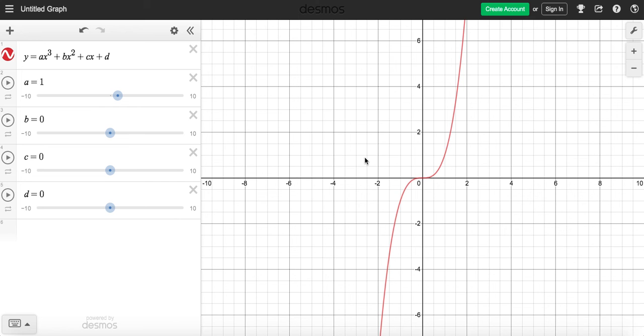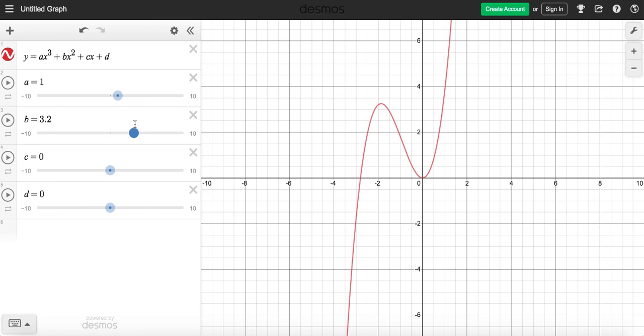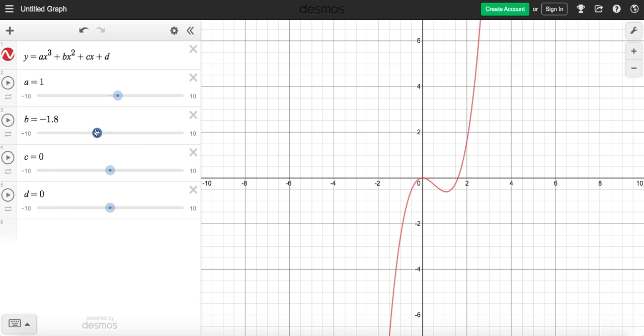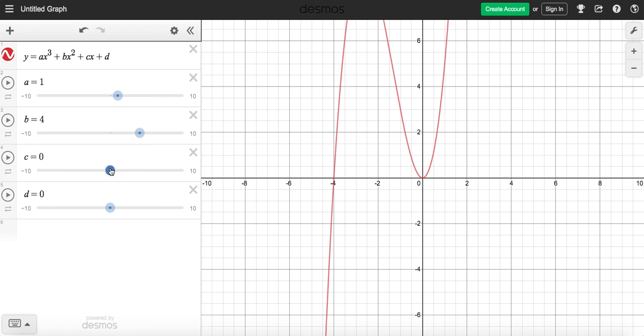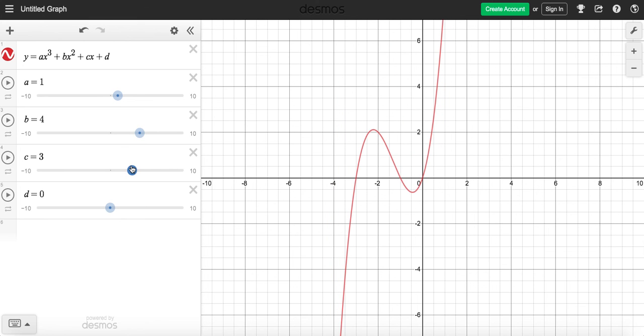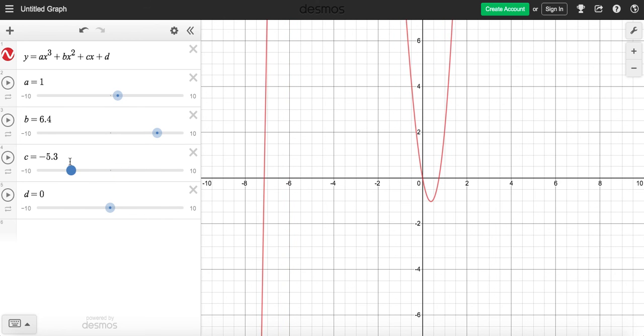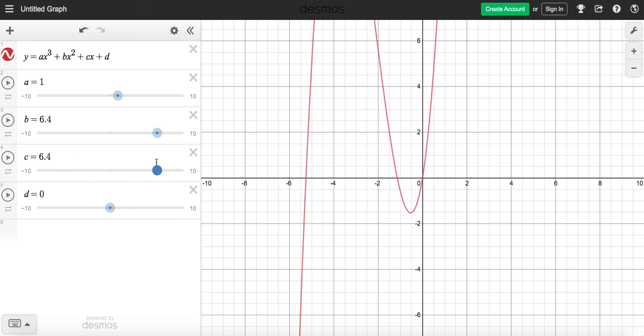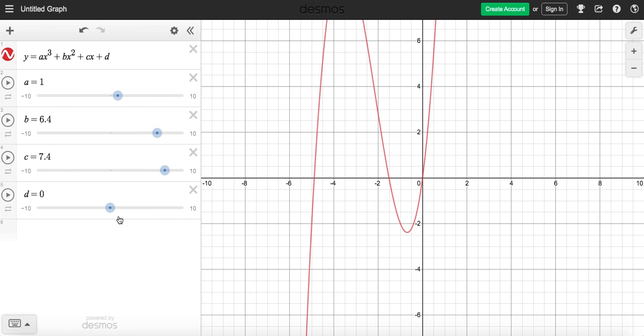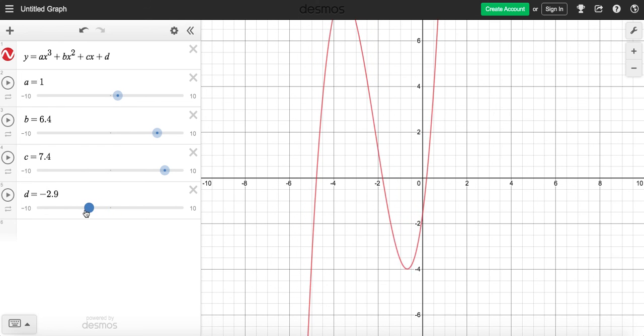This actually doesn't have a name at this point, but you can see that it's going to do something different than what B does, which starts to form a little parabola here, which is being vertically scaled in terms of B. And then we have C, determining that kind of slope-like thing. So we can kind of mess with these bits. Let's see when this goes negative. And then this is positive. And then D, as usual, our intercept.